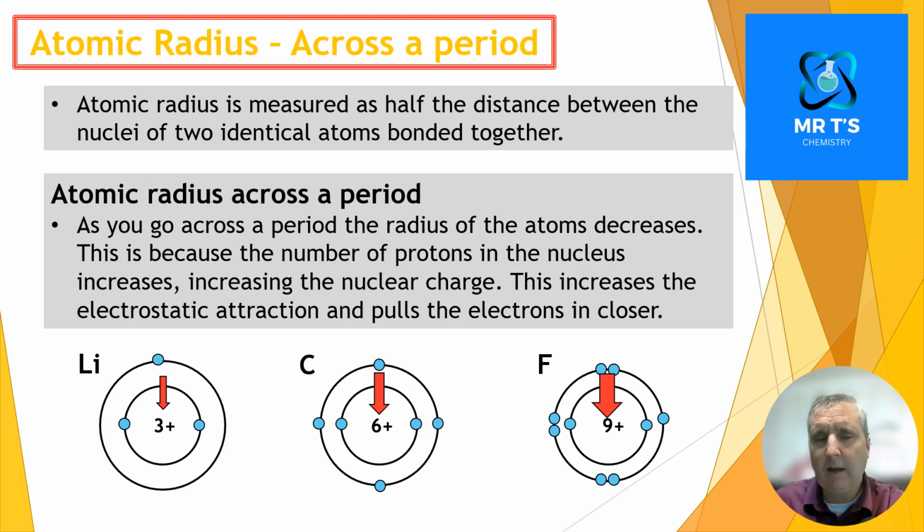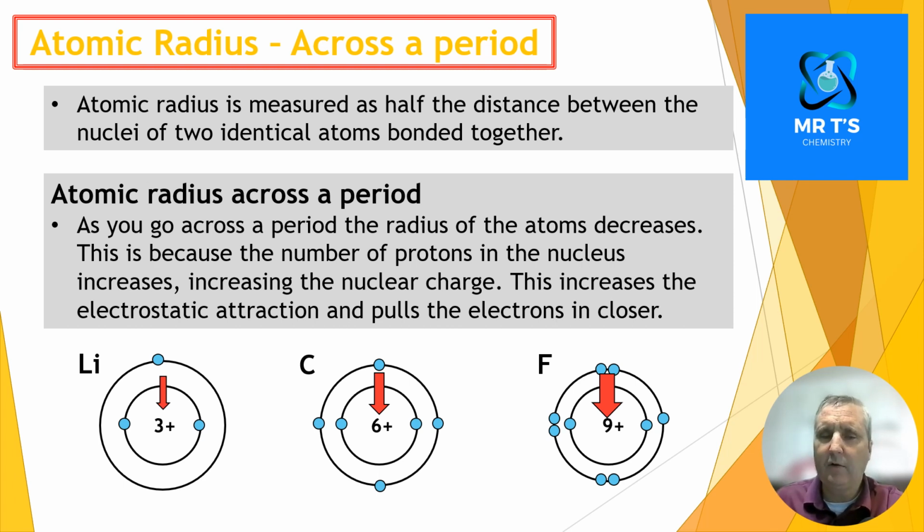However, the outside valence electron feels a stronger attraction in fluorine than it does in lithium, because the nucleus in fluorine has a positive charge of 9, a very strong nuclear charge, where lithium only has a positive charge of 3. So the electrons on the outside, or the valence shell of fluorine, experience a stronger electrostatic attraction and therefore are pulled in closer than they would be if they were electrons in the valence level of lithium.